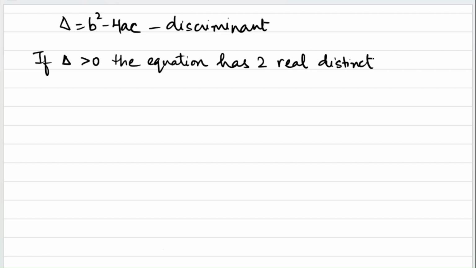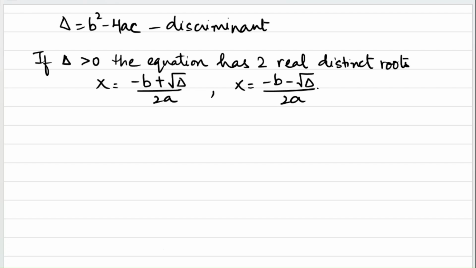Distinct means different, and those roots are given by x equals minus b plus square root of delta over 2a, and the other one will be x equals minus b minus square root of delta over 2a.